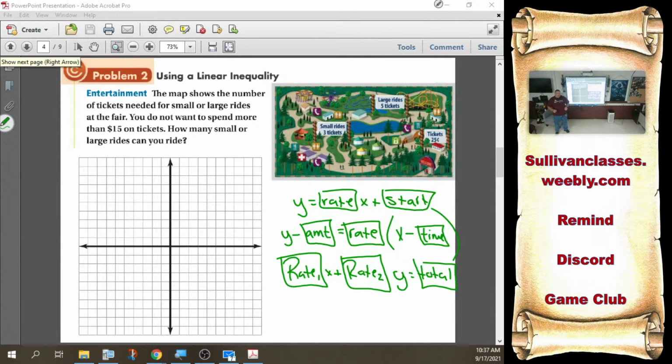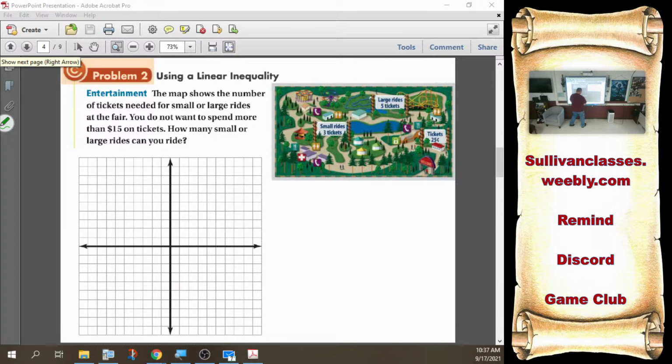Or did they give me a total with 2 different rates? This is the holy grail of word problems in linear equations. This is how they present the problems to us. So, I know it's going to be in standard form. What was the total?